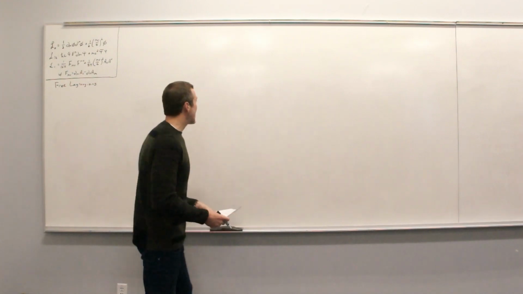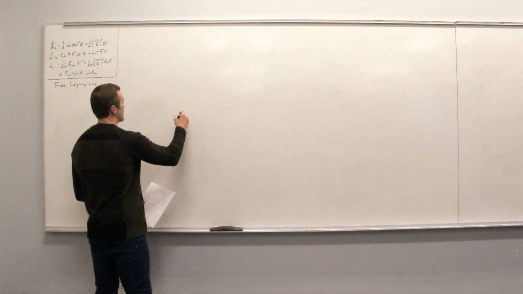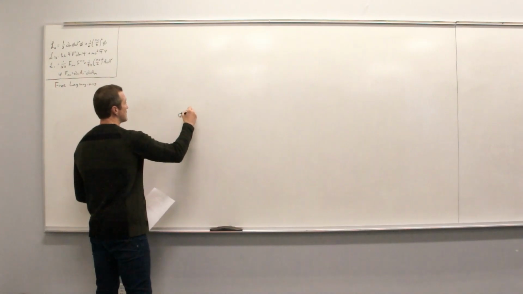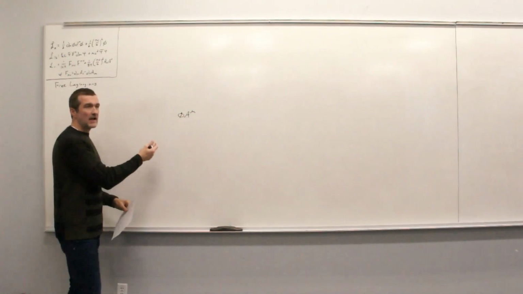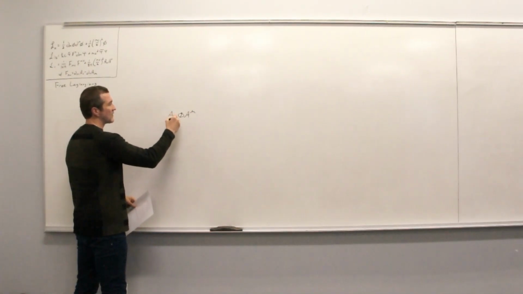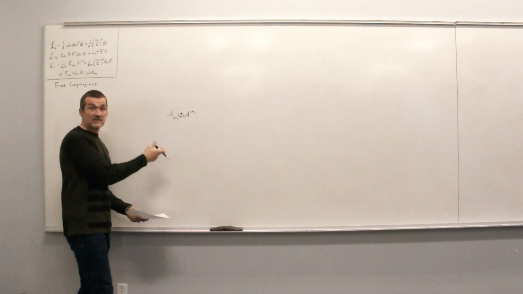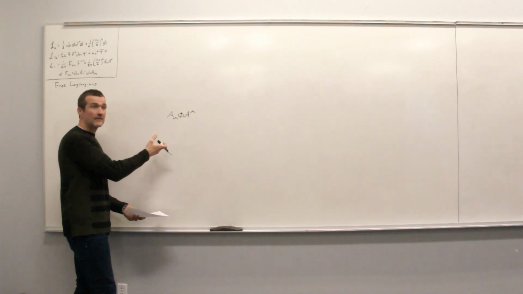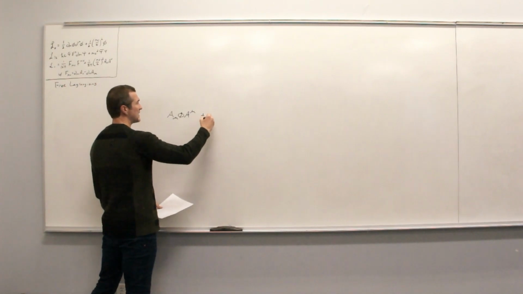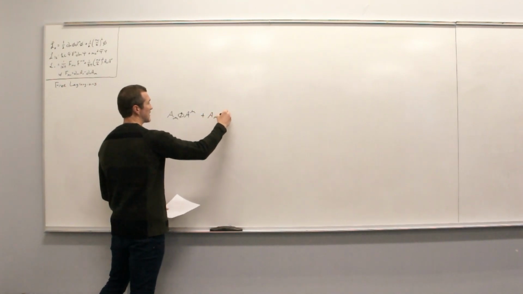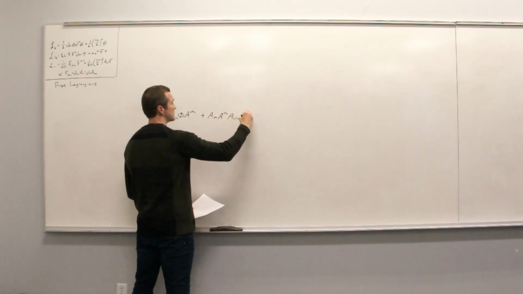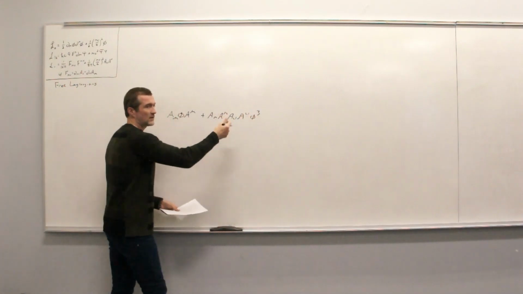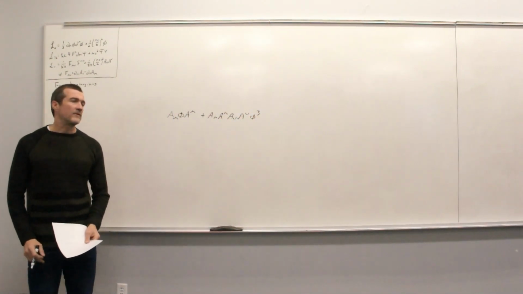We can't add in a term that's plus phi A mu, because that's not Lorentz invariant. But we could add in a term maybe like that, because this is a Lorentz scalar. We could add in many, many terms like this. We could do a term like this. You could just keep making up more and more terms.